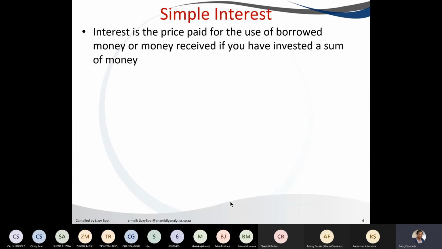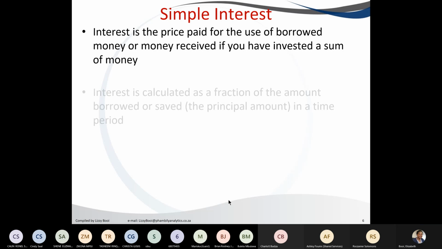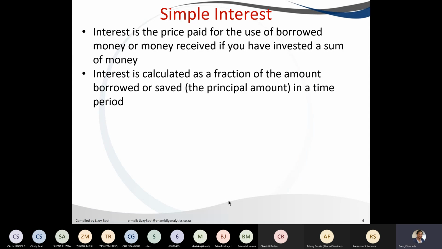If you borrow money, they will calculate a certain proportion or percentage of the amount that you are taking for that period. Then they will calculate how much you will have to pay on top of the installment that you have to repay. And it is always calculated as a fraction of the amount that was borrowed or saved in the time that you are borrowing it. And it's always constant in that period.